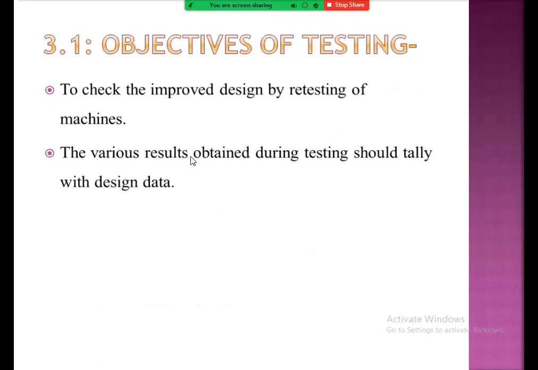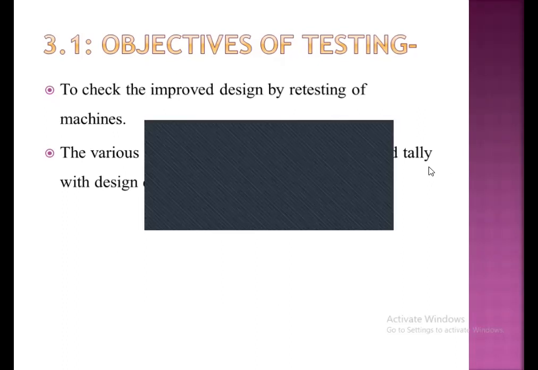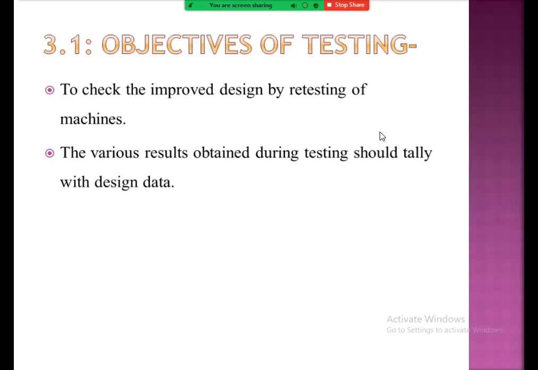Next, if variations occur in the design or actual performance, then restructuring of the machine is done. Then you have to check the improved design by retesting the machine. That means if the machine is redesigned, then you have to check the performance of that machine.